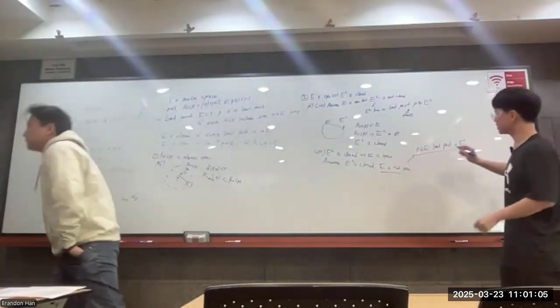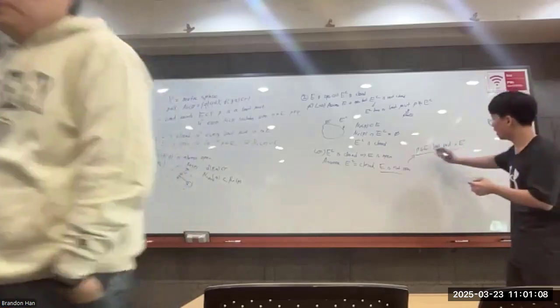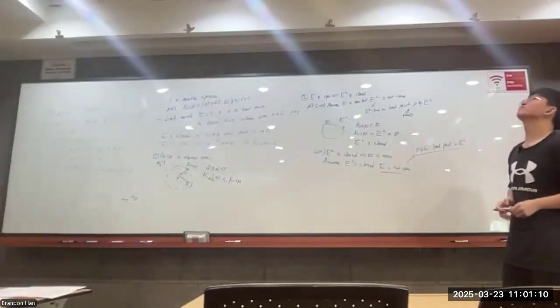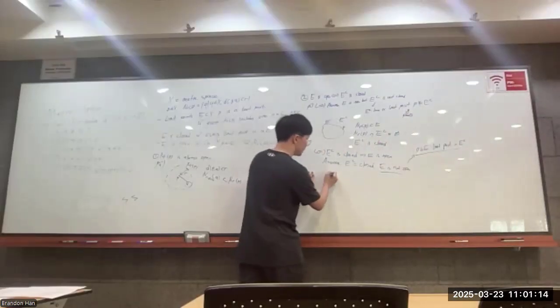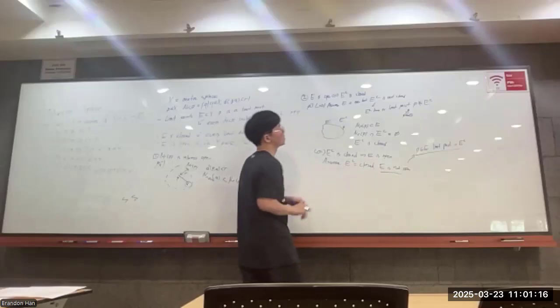So assume that there is no such point of E that is a limit point in EC. I'll just do it completely with Z. So we assume that this is true.